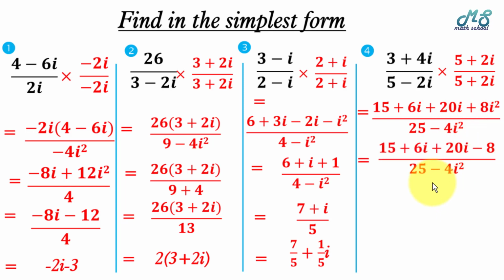It will be 15 plus 6i plus 20i minus 8, because negative 1 times 8 is negative 8, over 25 plus 4, which equals 29. Now collect like terms: 6i plus 20i equals 26i, and 15 minus 8 equals 7. We can write it as 7 plus 26i over 29, which is 7 over 29 plus 26 over 29 i.